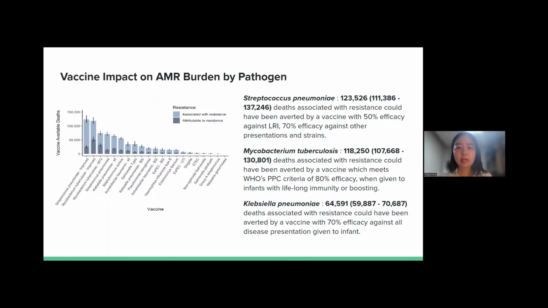So lastly, a vaccine for Klebsiella pneumoniae with 70% efficacy against all disease presentations could have averted around 65,000 deaths associated with resistance when it is given to infants.